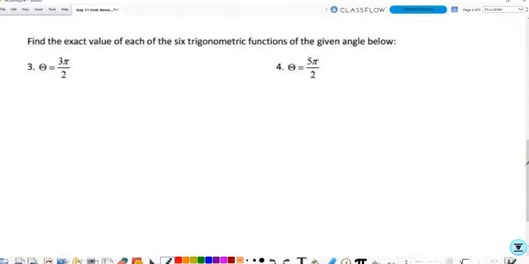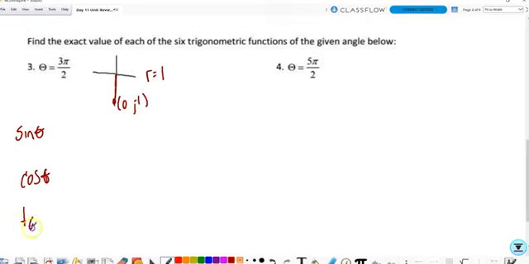All right, find the exact values. 3 pi over 2 is here. And pick a radius, any radius. I like using 1. So this point is over 0, down 1. I picked a radius of 1. So we got sine, cosine, tangent, cosecant, secant, cotangent.